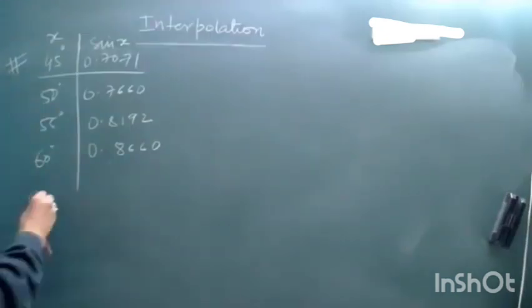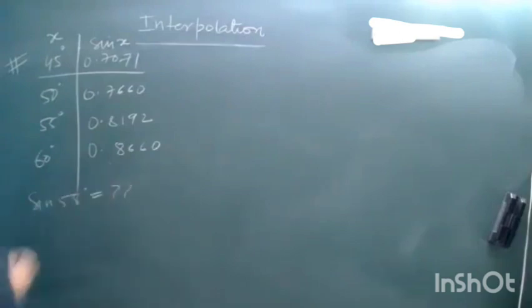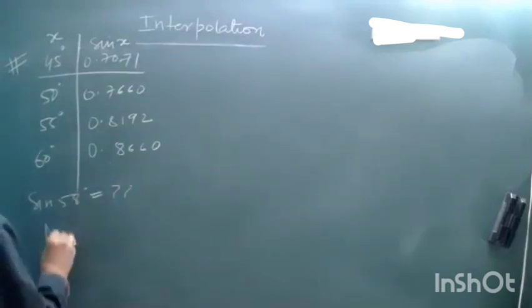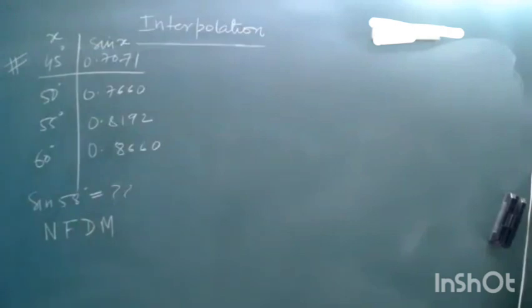and they wanted sine of 58 degree is equal to question mark, and they have given use Newton's forward difference method. Newton's forward difference method. So the question was very simple, and you know how to do it.